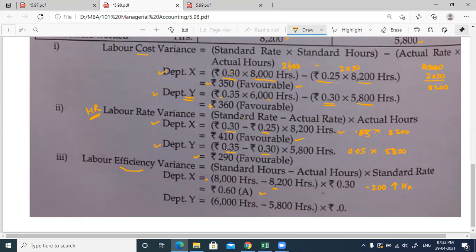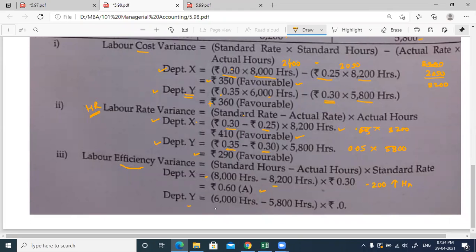Let's discuss the efficiency of department Y. The standard hours is 6,000, and your actual hours is 5,800. So you have saved 200 hours. That is very good. Your standard rate for Y is 35 paise, so 0.35 into 200.